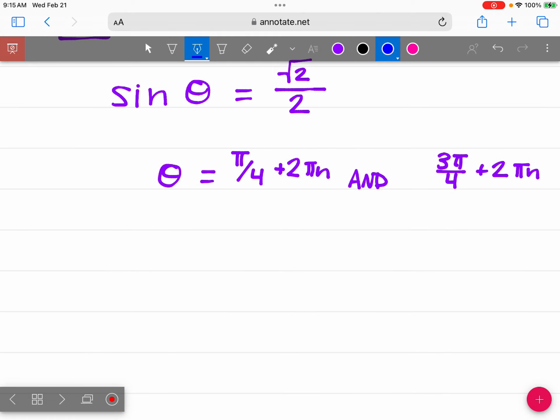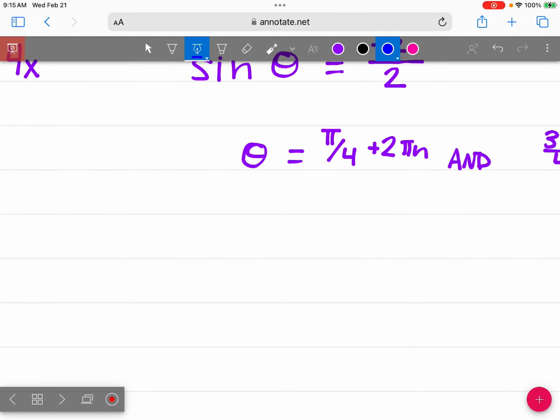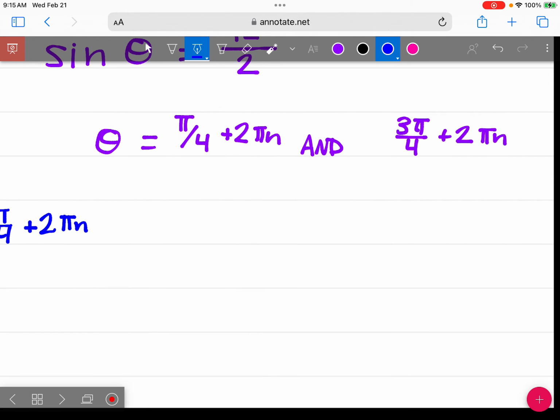But we don't want to know about theta. We need to know about x. So we have to resubstitute back in. So we know that 4x equals pi over 4 plus 2 pi n, and that 4x also equals 3 pi over 4 plus 2 pi n.